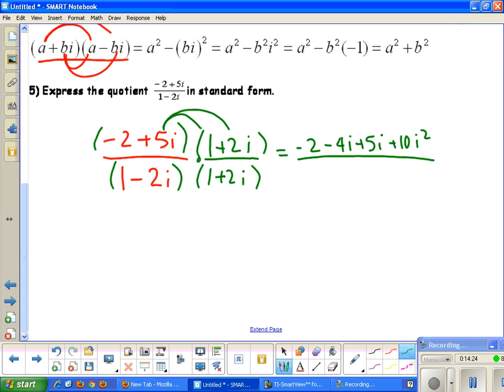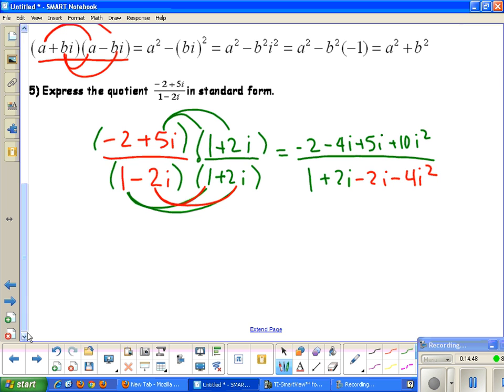Now remember, in your denominator, your i's should cancel out. If they don't, then you ended up doing something wrong. So this would be 1. And then this times this would give me plus 2i. And then this times this would be minus 2i. And then this times this would give me minus 4i squared.